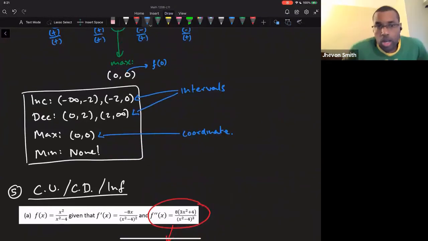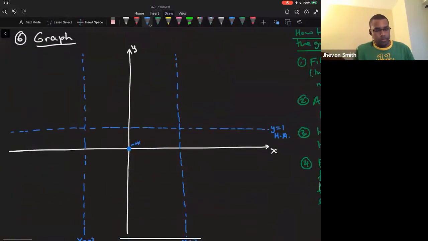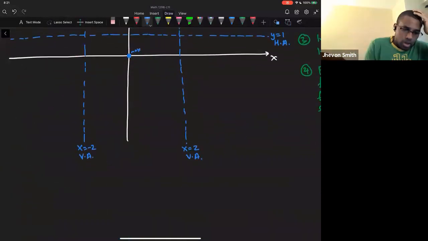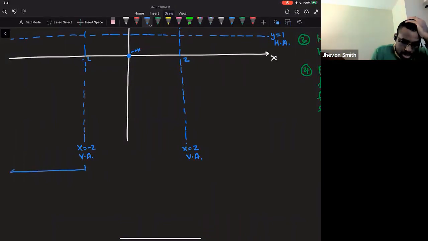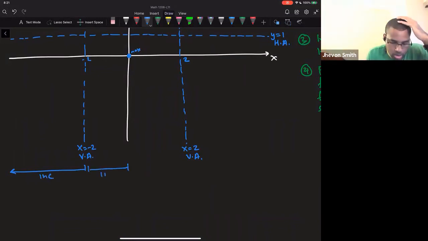Increasing, I know I'm increasing between -infinity and -2, and then -2 to 0. So increasing, this is -2, this is 2. I know from here and back, I am increasing. And then from here to here, I am increasing.